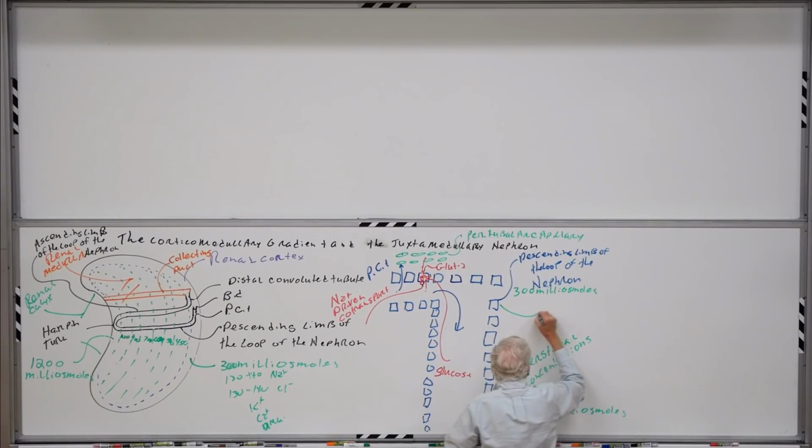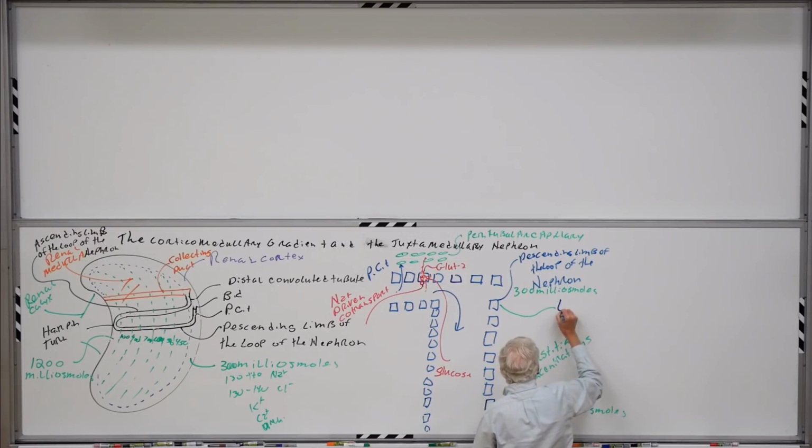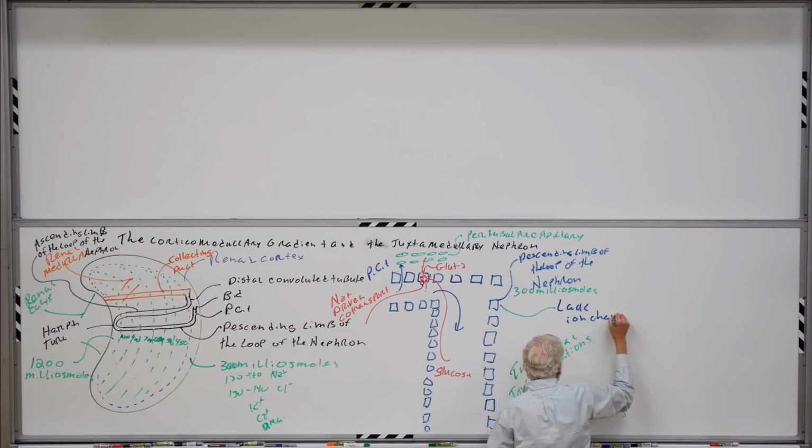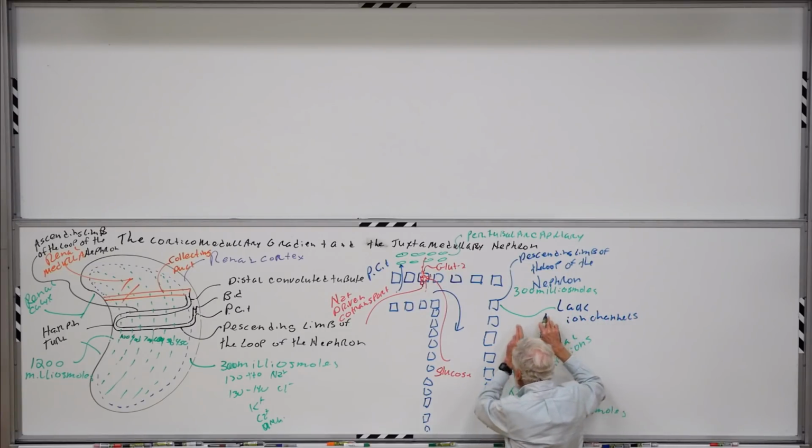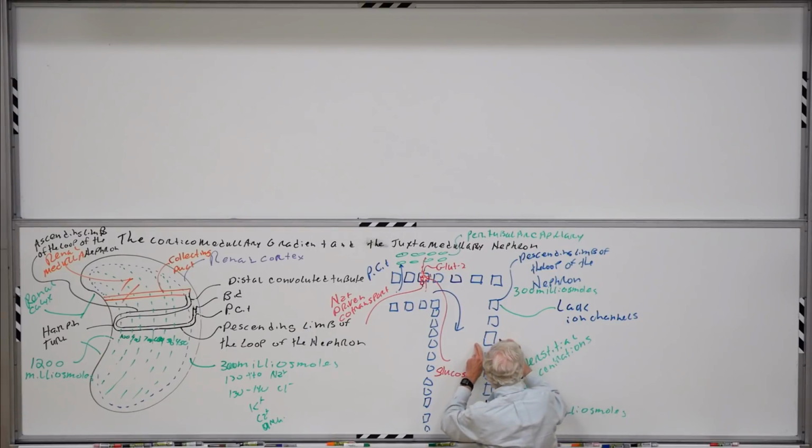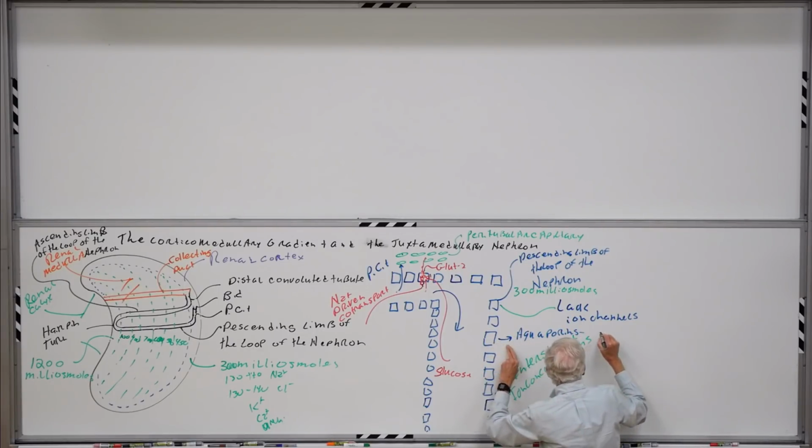Now, one of the hallmarks of these epithelial cells is that they lack ion channels. But instead of ion channels, these epithelial cells contain aquaporins. And the aquaporins are basically water channels.